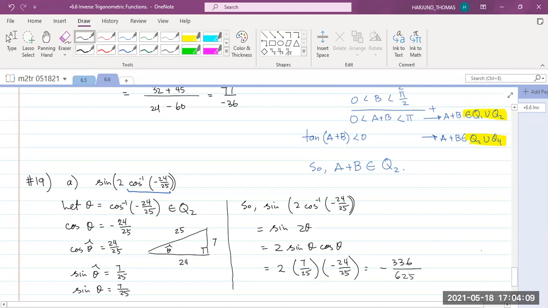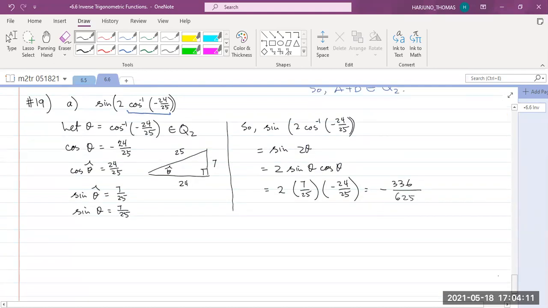Okay, and then I can still ask you this question. Can you argue, without using a calculator of course, which quadrant 2 cosine inverse of negative 24 over 25 is located in?